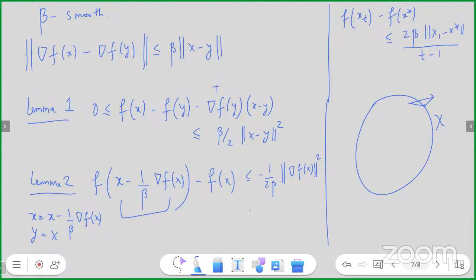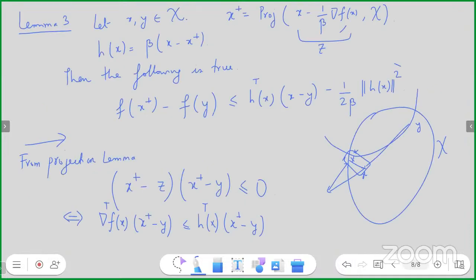So this tells you something about f of x minus f of y minus the gradient of f of y times x minus y being less than some norm distance. So you can use that if you want. Let's call this equation number 1.